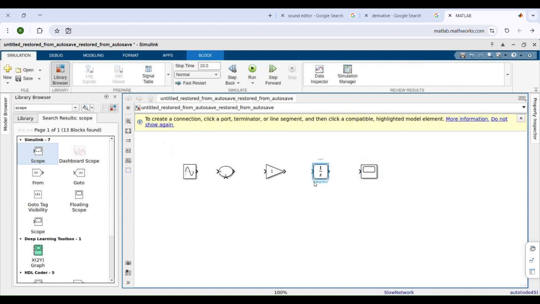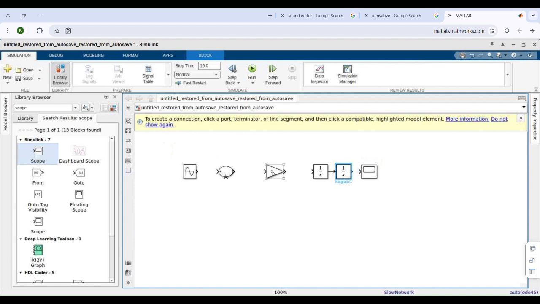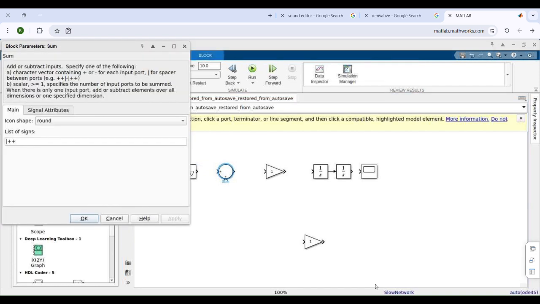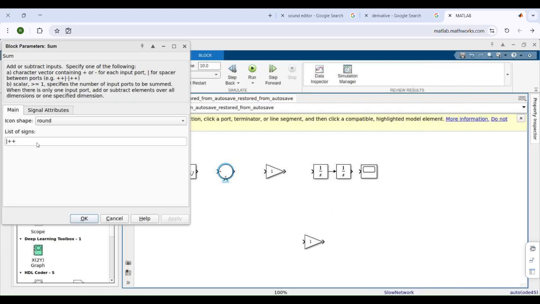This first one, this second one, just copy paste. Okay, two gains, one here for the mass and one here for the k coefficient. Just make it like this. And here, as you see, one is negative, one is positive.